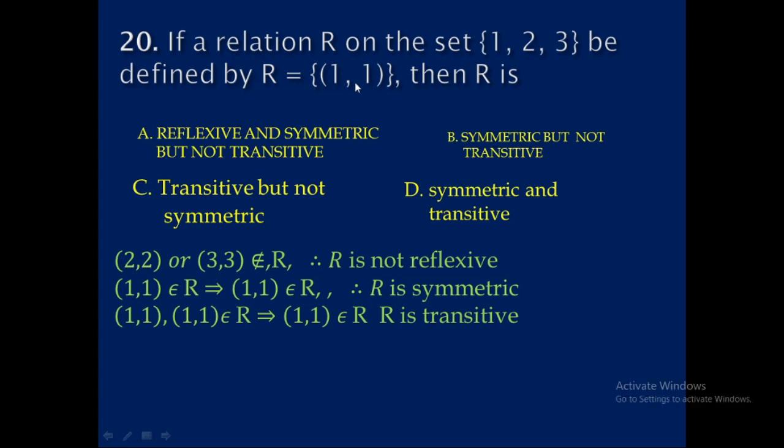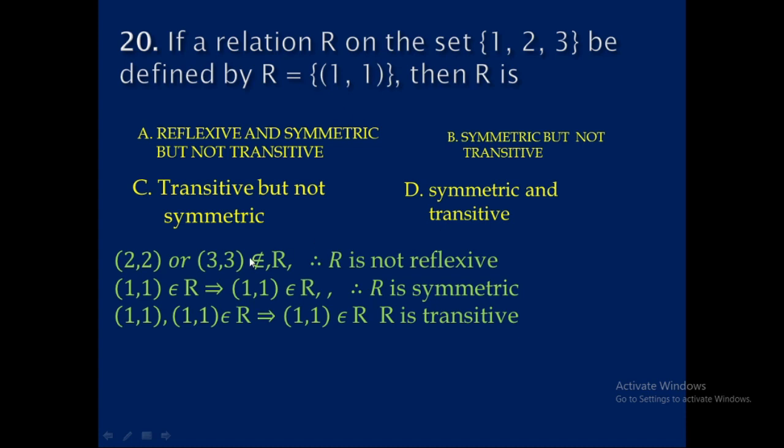It is always a transitive relation, either by the contradiction method, or you can say that a trivial relation is always transitive. Just remember, relations containing only one element are always transitive.